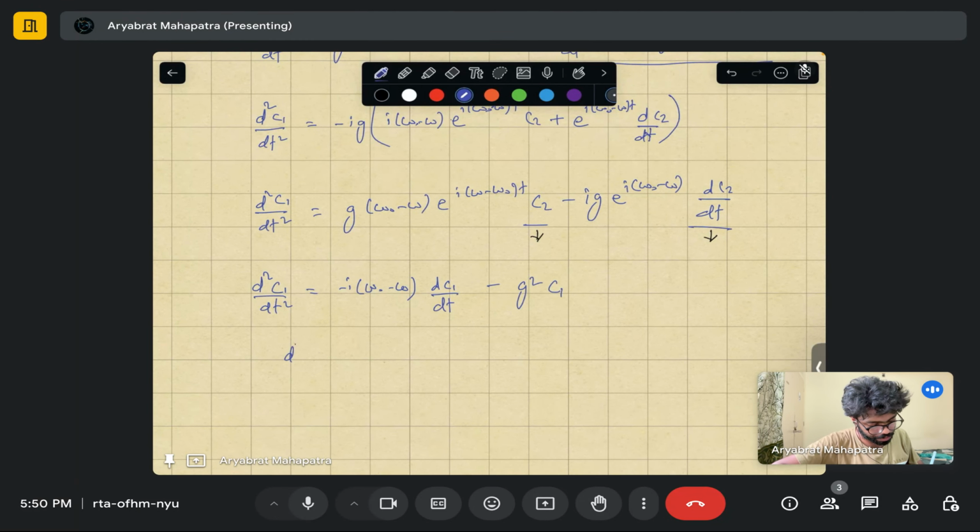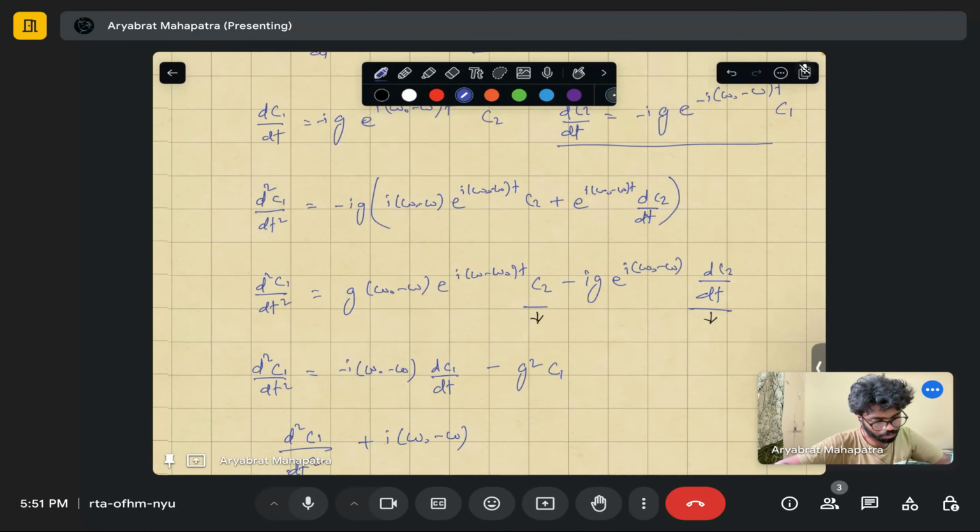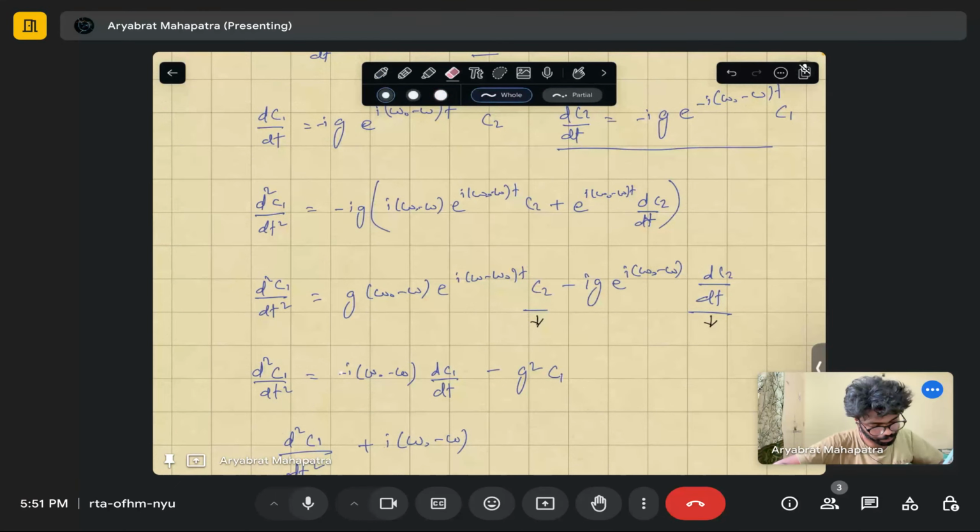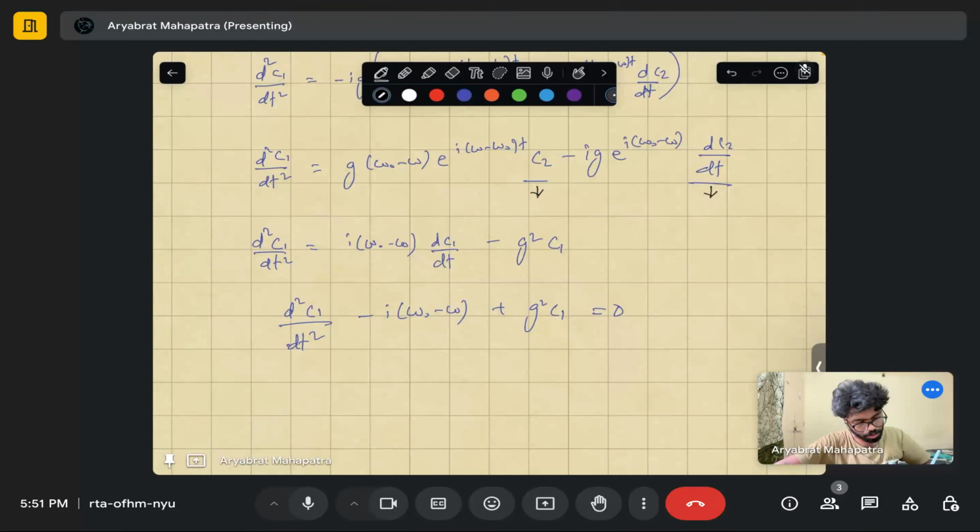So that means you have the differential equation I omega minus omega, and the first term is plus. So this will be minus plus c square c1 equals 0. So that is your differential equation, only in c1.